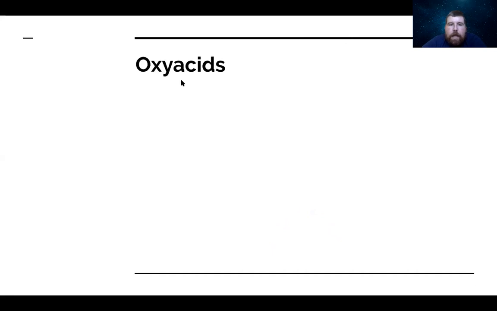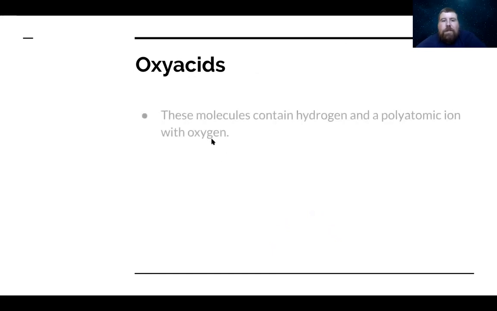Moving on here, we have oxyacids. If binary acids are acids that do not contain oxygen, that must mean that oxyacids do. Generally speaking, these are going to be hydrogen bonded to a polyatomic ion with oxygen. As we saw earlier with the polyatomic ions, they will generally end in ate or ite. Like sulfate is SO4 2-, and sulfite is SO3 2-.